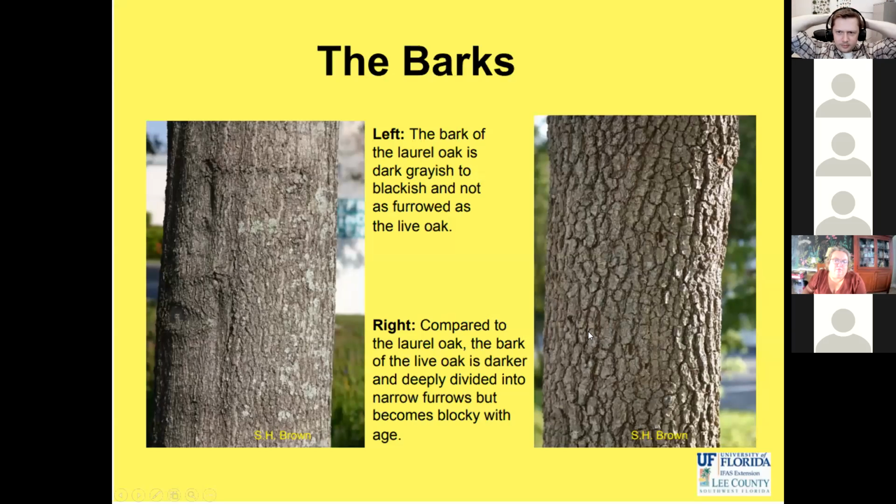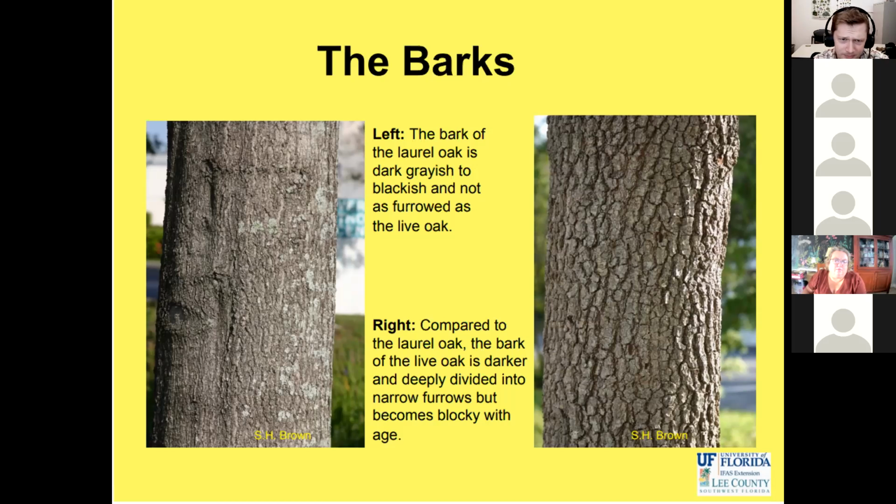Just continuing with this theme, these are 2 trees that we have very commonly in Central Florida, but they're easily confused for one another. If you look at a couple of simple features, they're usually pretty easy to differentiate.